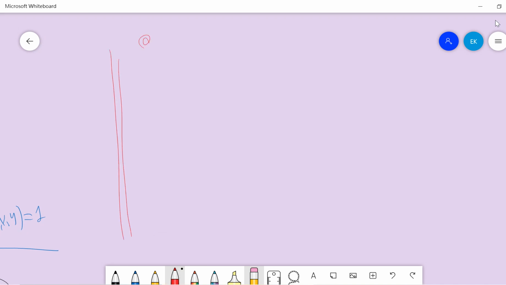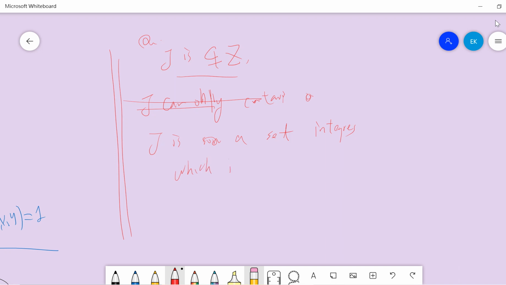So the question is, J is a proper subgroup in Z. So it means that J is a set of integers which are all divisible by some number.